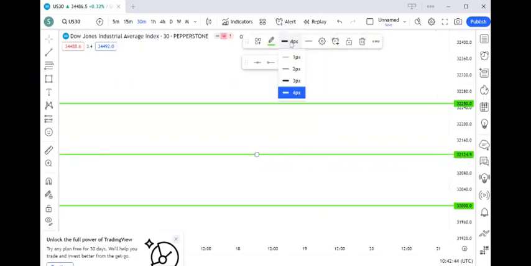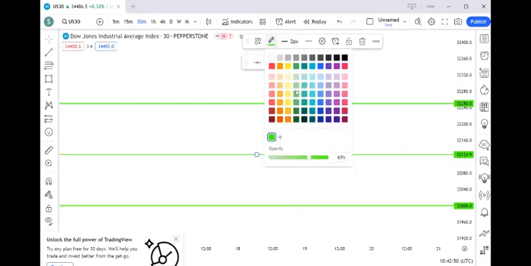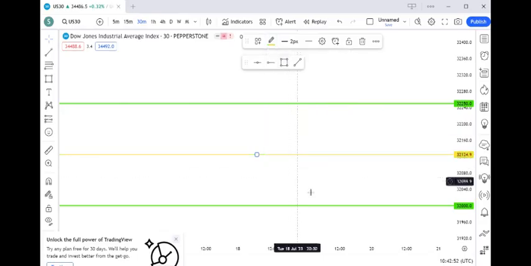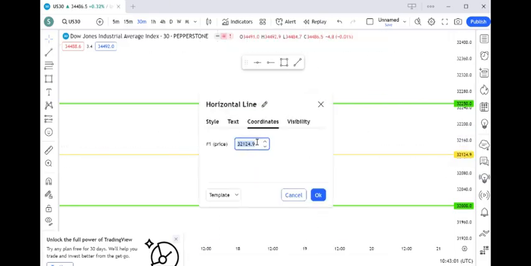You want to change to 2XP. Also want to change the color because you want to be able to tell the difference between a key level and a mid-range. Once that's in, you go to settings and you change coordinates.